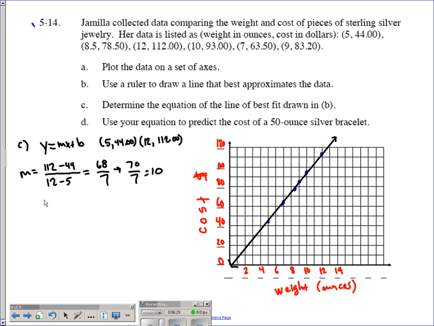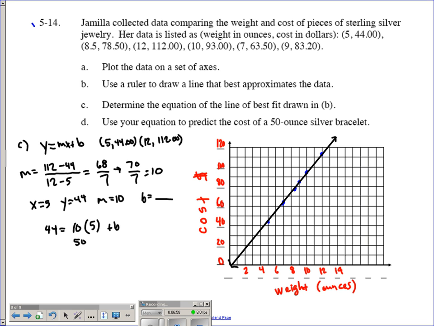So let's choose another point on the line there. Let's just use one of these ones, 5 and 44. So I know that x would be 5, y would be 44, m would be 10, and that will allow us to solve for b. So 44 equals 10 times 5 plus b.